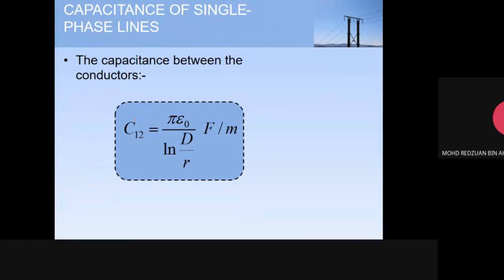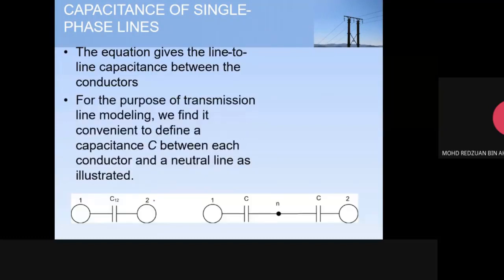So this is the capacitance between line 1 and 2. This is not what we want. What we want is the capacitance between line to neutral, or C to neutral. That's why what we get as C12, we have to convert it to the capacitance to neutral.